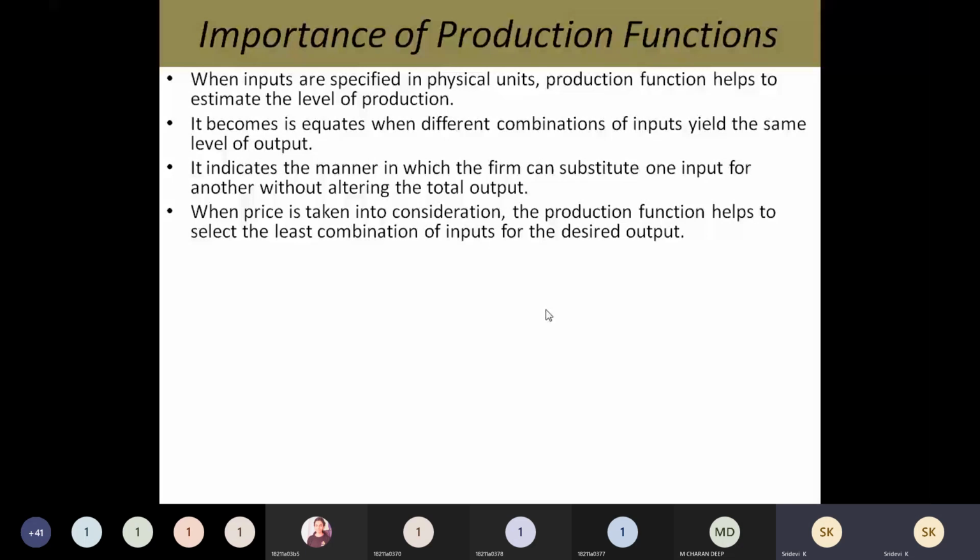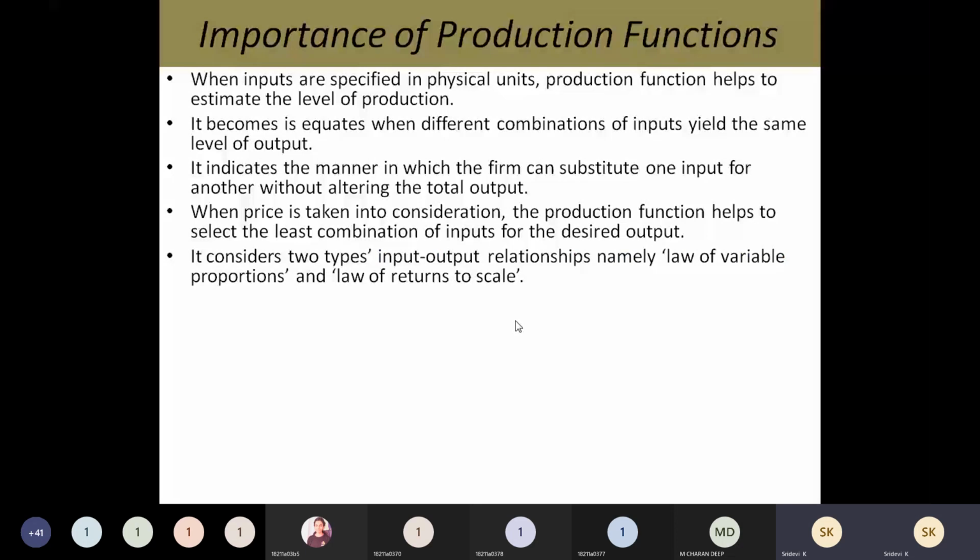There, we obtained combination C as the least cost combination. So a selection of the combination of inputs can be done. Otherwise, you cannot do that. For getting the same 4000 output, because all the combinations give the same output, it would be very difficult to identify which combination to select. For that difficulty, you get an answer.